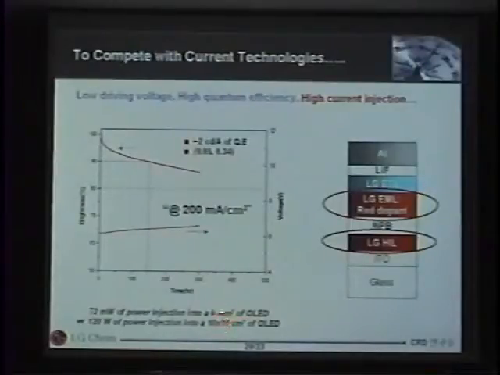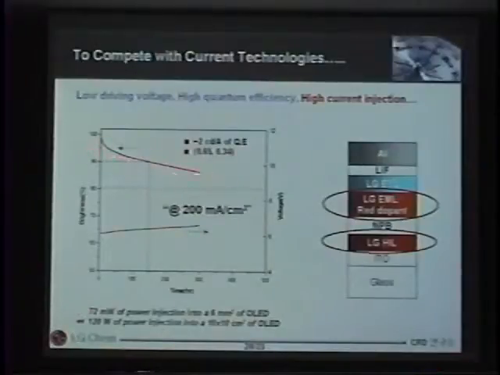If we convert this size to 10 by 10 square centimeters, then we are pumping 120 watts of power into these organic devices. So the organic molecule is now holding this power.